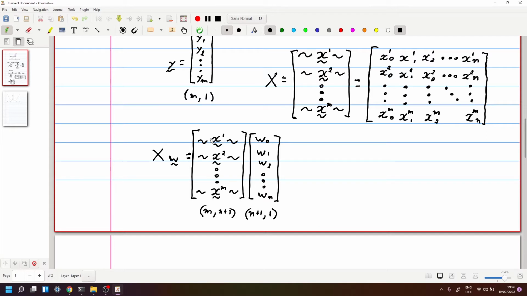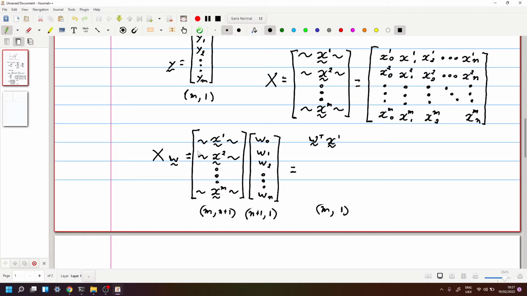So what does the result look like? We're expecting to get an m by 1 column vector, and the actual result is the following. We take the first row and multiply it by the whole vector here. This is w transpose times x1, and this is our first component in the column vector.